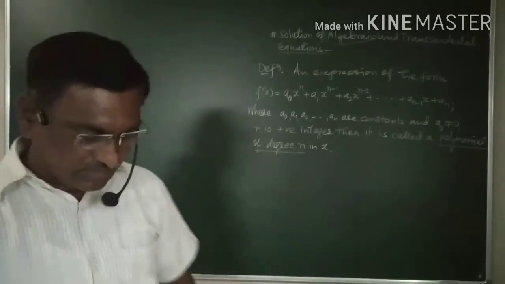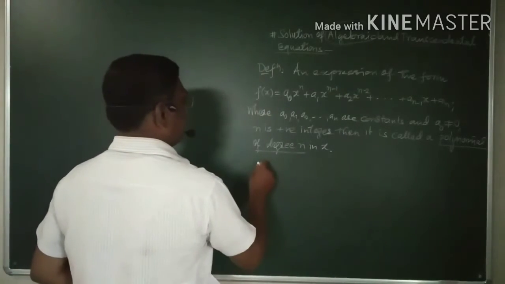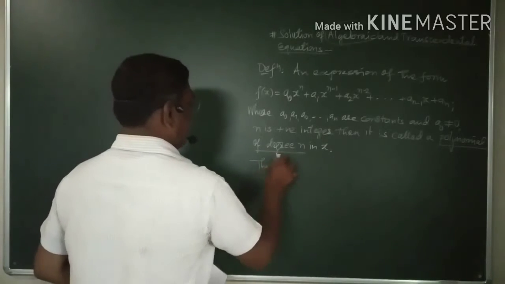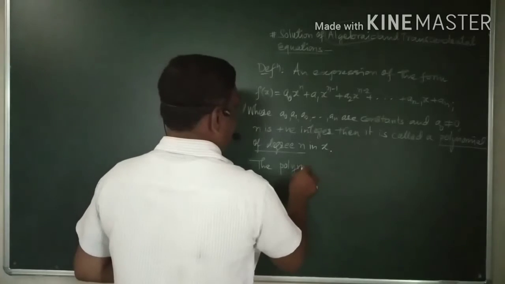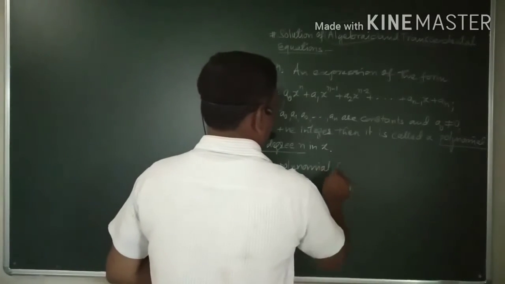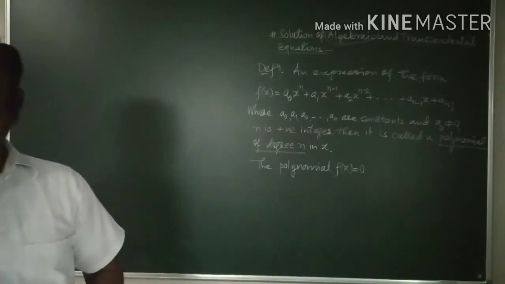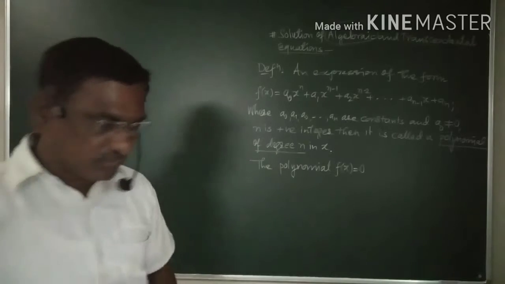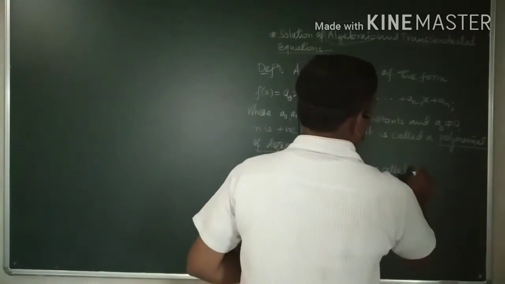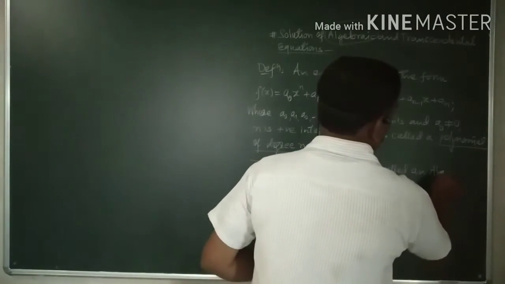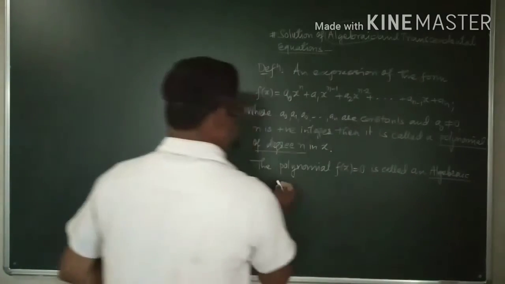Next thing is that if I equate this polynomial to 0, the polynomial equation, or the polynomial f(x) = 0, is called an algebraic equation.